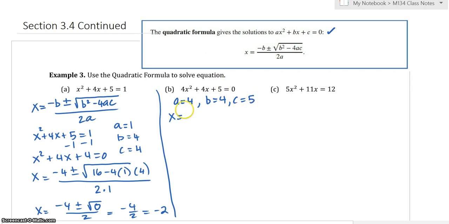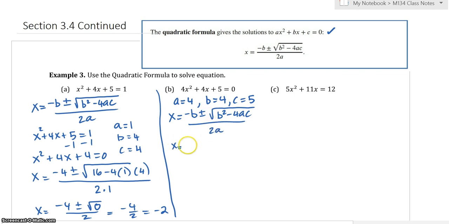So let's plug this one in, because we're going to get a little different result. Again, let's write down the quadratic formula. Let's say it as we write it down. If you say it every time you write it down, you'll learn it soon enough. Negative b plus or minus the square root of b squared minus 4ac all over 2a.